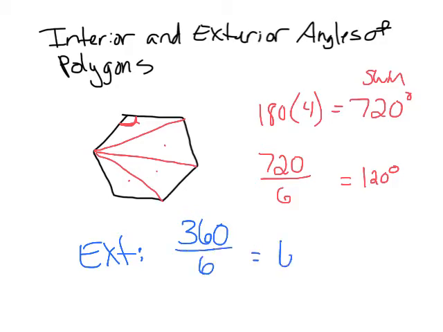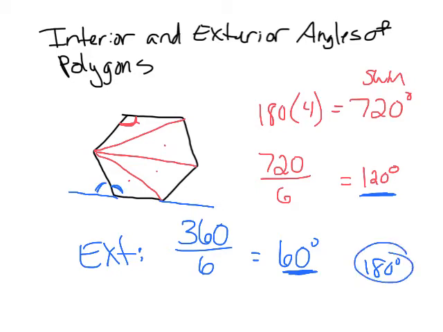For each individual angle, one interior plus one exterior is always going to add to 180 degrees, because if you look at the diagram, actually let me draw it over here so that other red line isn't there. This angle and this angle are always supplementary, so they will always add up to 180 degrees.